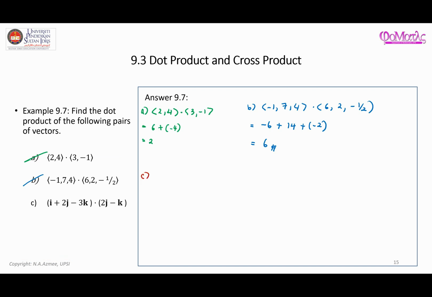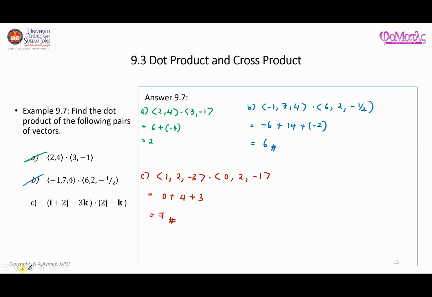So for C, I can change it to simply (1, 2, -3) multiplied with (0, 2, -1), since there is no i component in the second vector. Just multiply like before: 1 times 0 is 0, plus 2 times 2 is 4, plus -3 times -1 is 3, and the answer here is 7.